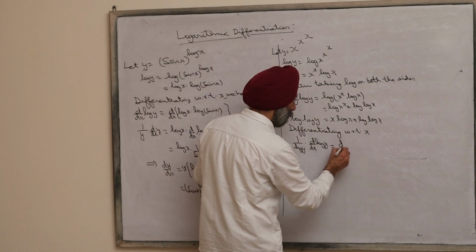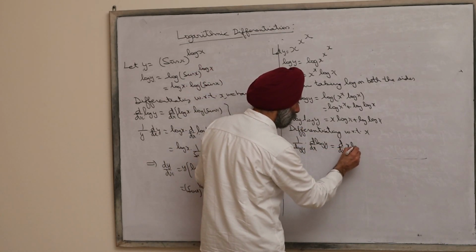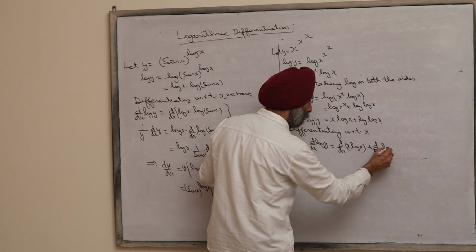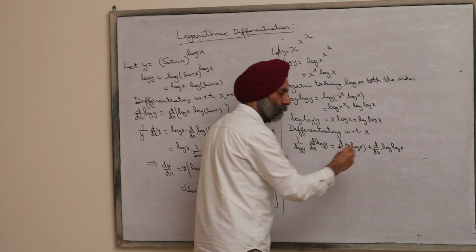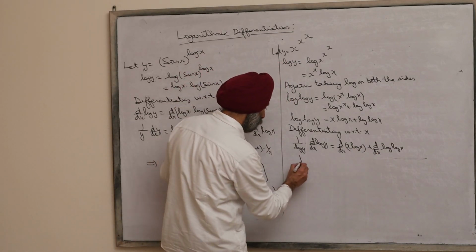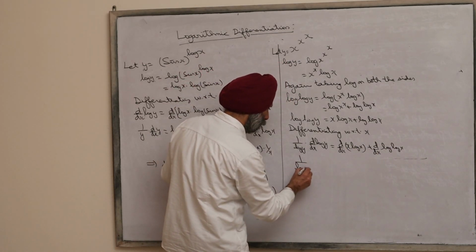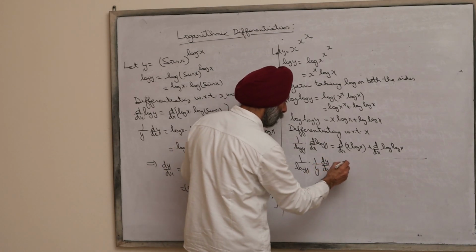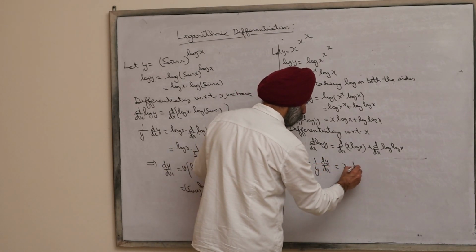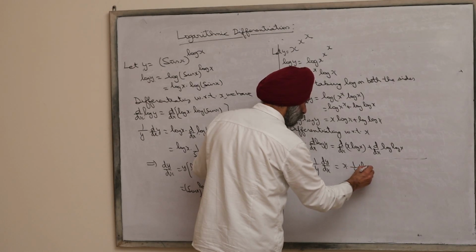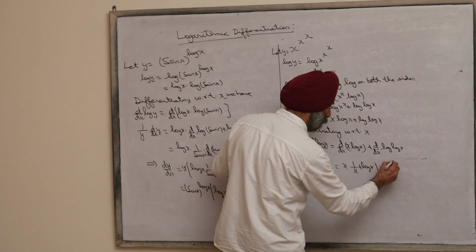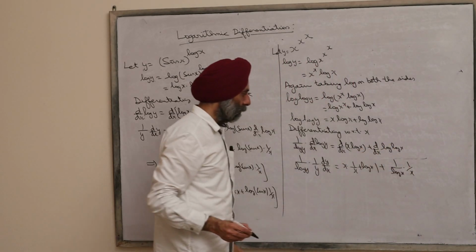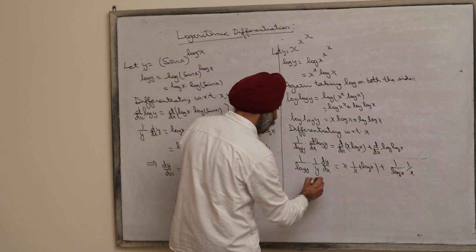Here it is d over dx of x log x plus d over dx of log log x. So what is that? It is 1 over log y into 1 over y into dy over dx, which is first function into the differential of second plus second function into the differential of first, plus 1 over log x into 1 over x.